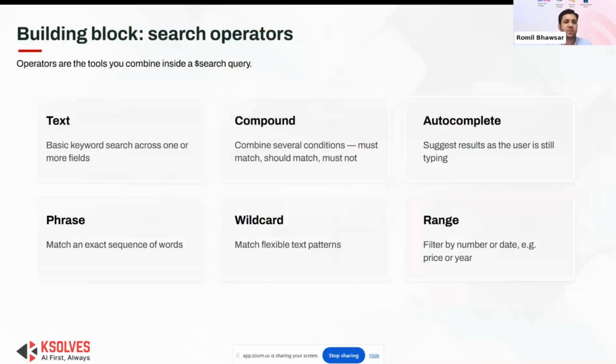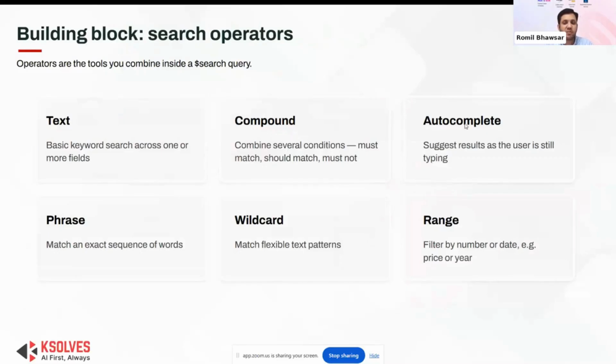Let's understand some search operators that we can use with MongoDB Atlas Search. The first one is the text operator. To find any text inside the documents, we use the text operator. If we want to combine multiple conditions inside our search query, we can use the compound operator.